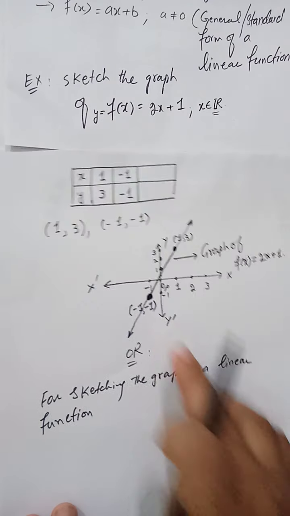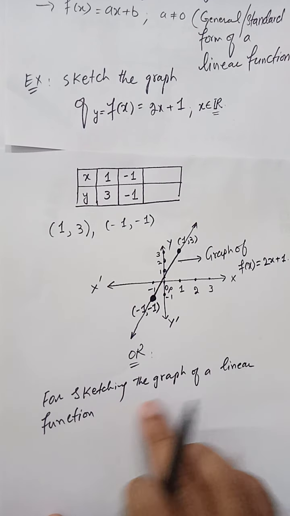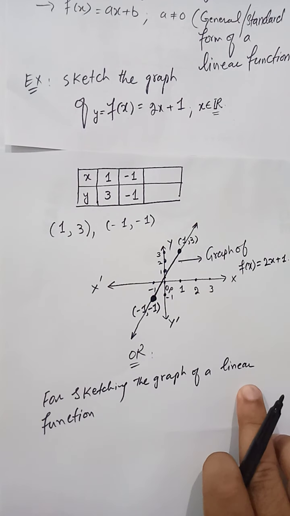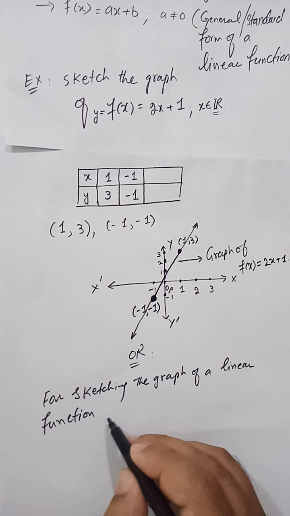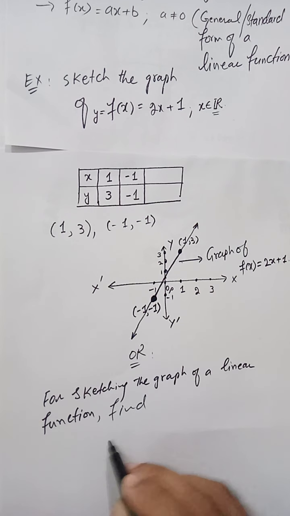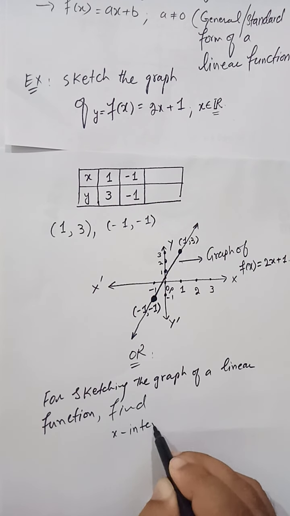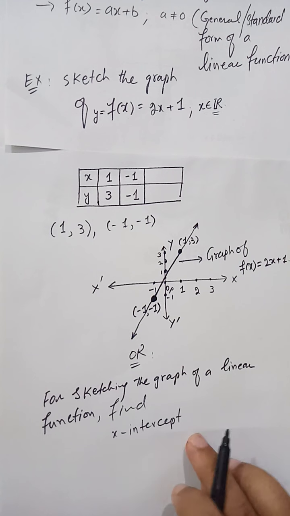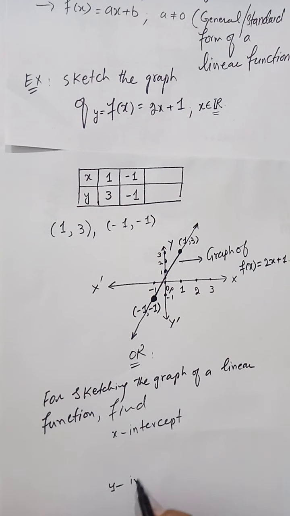The first method is completed here, so I am discussing a second method. For sketching the graph of a linear function, find the x-intercept, so you will get one ordered pair from here, and the y-intercept.